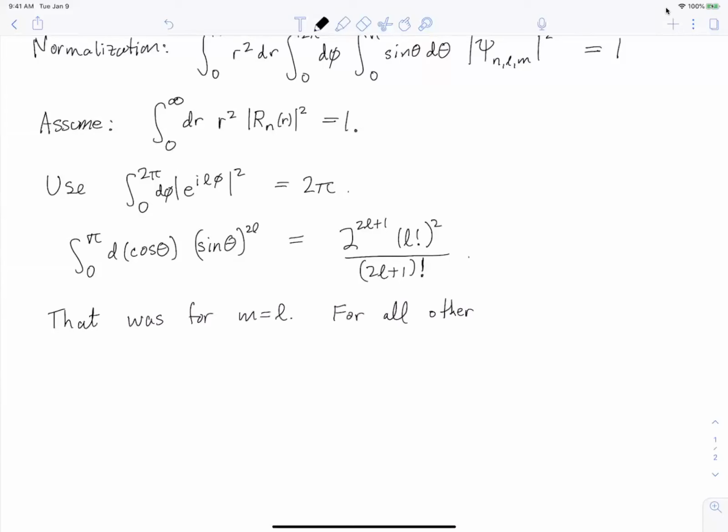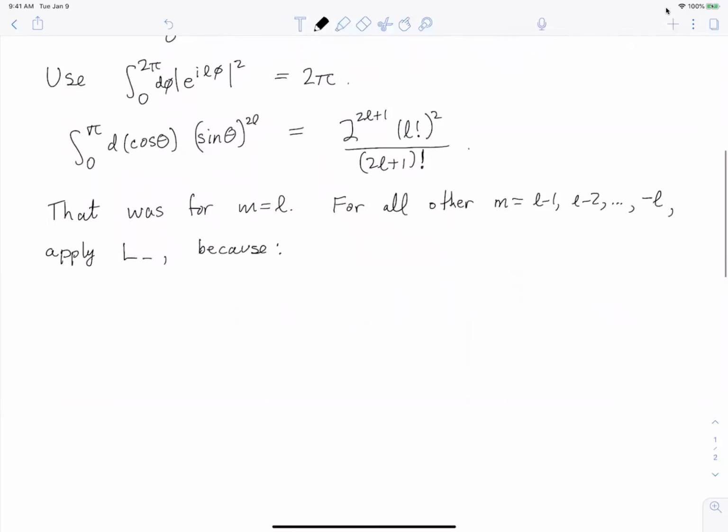But for all other m's, namely L minus 1, L minus 2, etc., until we get down to the lowest value, which is minus L, all we have to do is apply the operator L minus, the lowering operator, because we know from our general treatment of angular momentum how it acts.